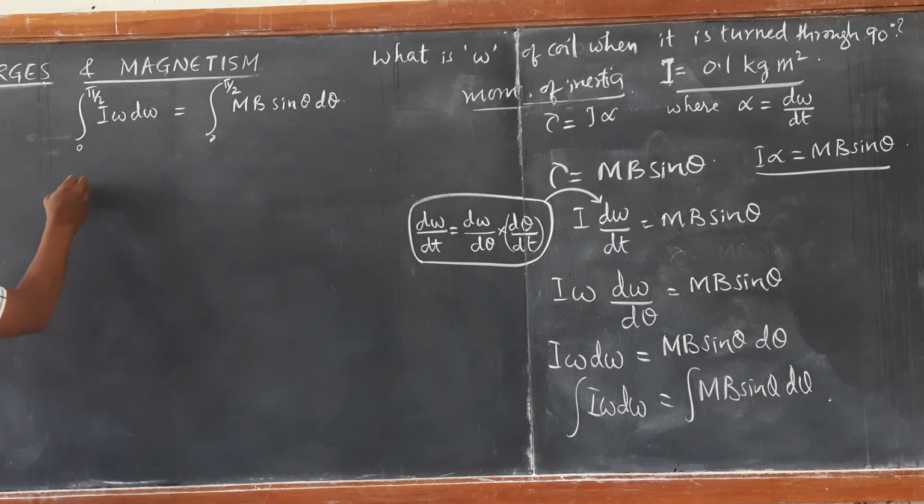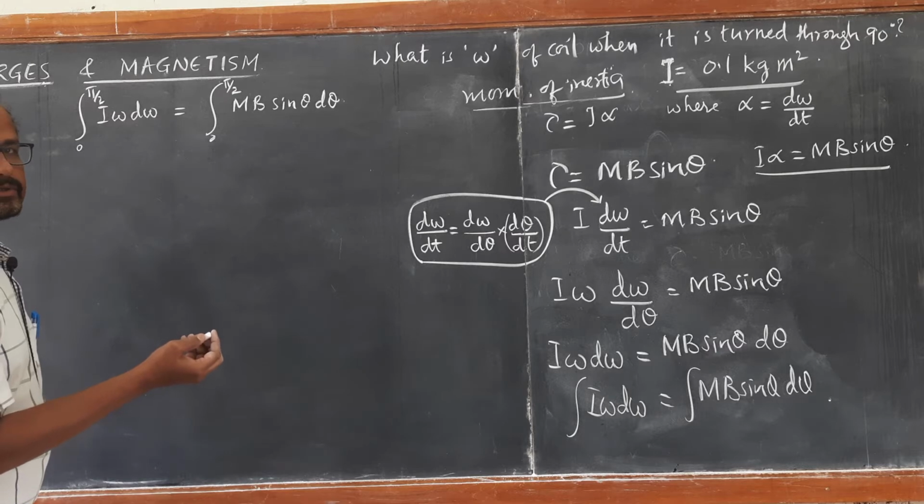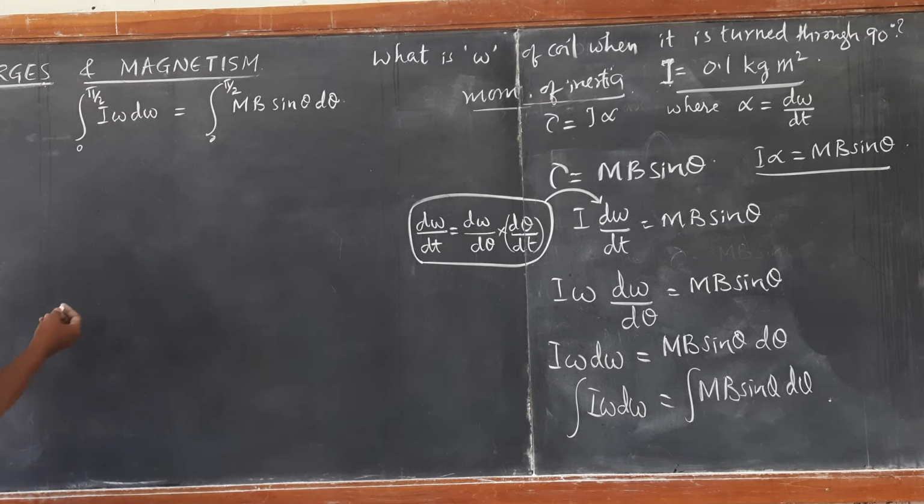We take the final angular velocity as omega f, and the initial angular velocity will be 0.